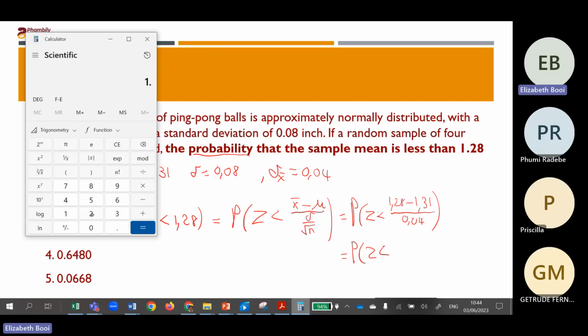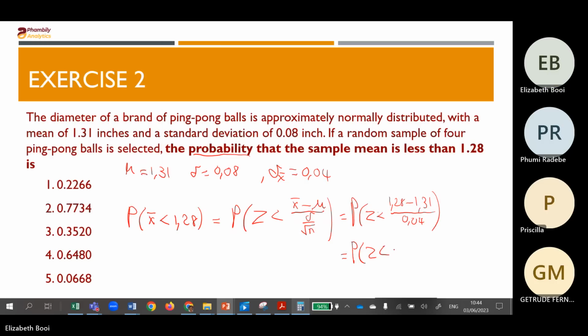So we have 1.28 minus 1.31 equals, and I get the answer, which is minus 0.03 divided by 0.04, which gives me minus 0.75. Minus 0.75, because this is the probability of a less than.